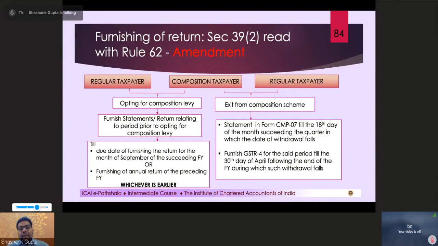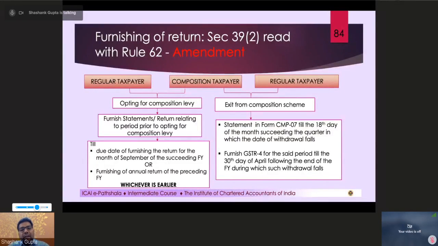So suppose in financial year 2021, for 2 months, April and May, he was under regular scheme, and now he wants to move to composition scheme. So basically, composition you can only avail at the beginning of the financial year.